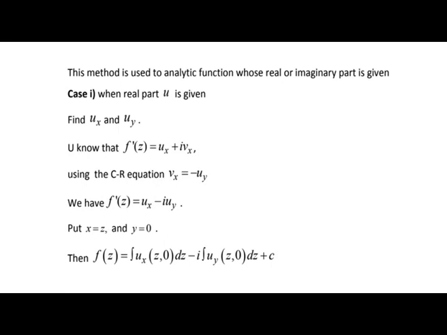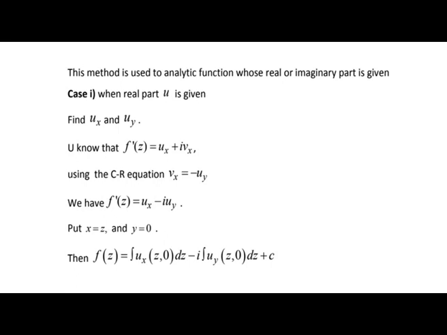So, in order to make ux minus iuy a function of z, what we do is you substitute x equal to z and y equal to 0. How do you get that x is equal to z and y equal to 0? You are putting actually z equal to z bar. So, what happens?